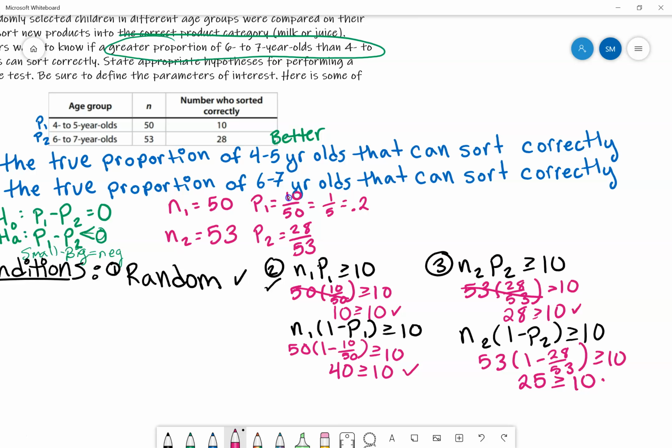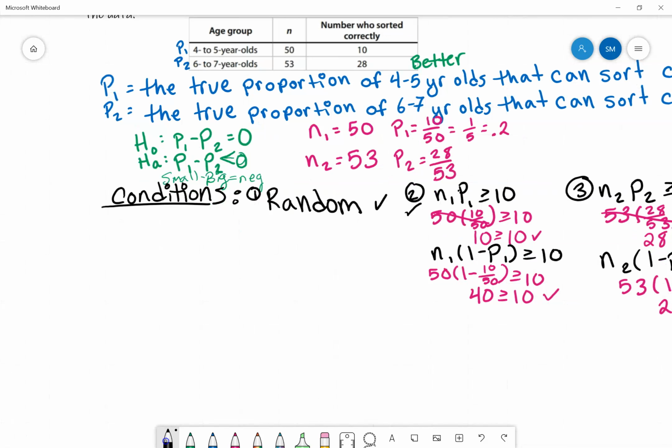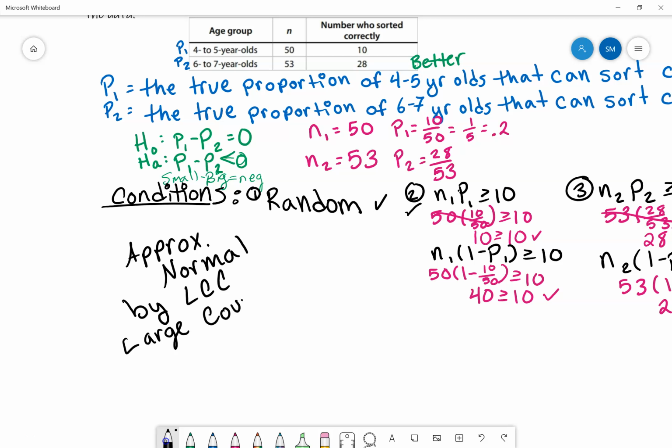And 25 is greater than or equal to 10, which means that this is approximately normal by LCC, and remember LCC stands for large counts condition.